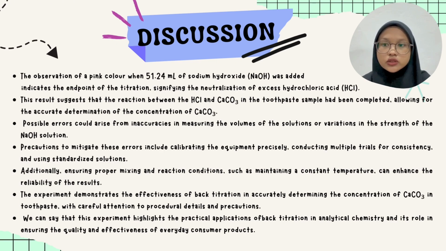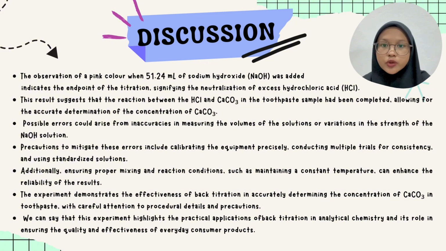However, it's important to consider potential sources of error and take necessary precautions. Possible error could arise from inaccuracy in measuring the volume of the solution or variation in the strength of the NaOH solution. Precautions to mitigate this error include calibrating the equipment carefully, conducting multiple trials for consistency, and using standardized solution.